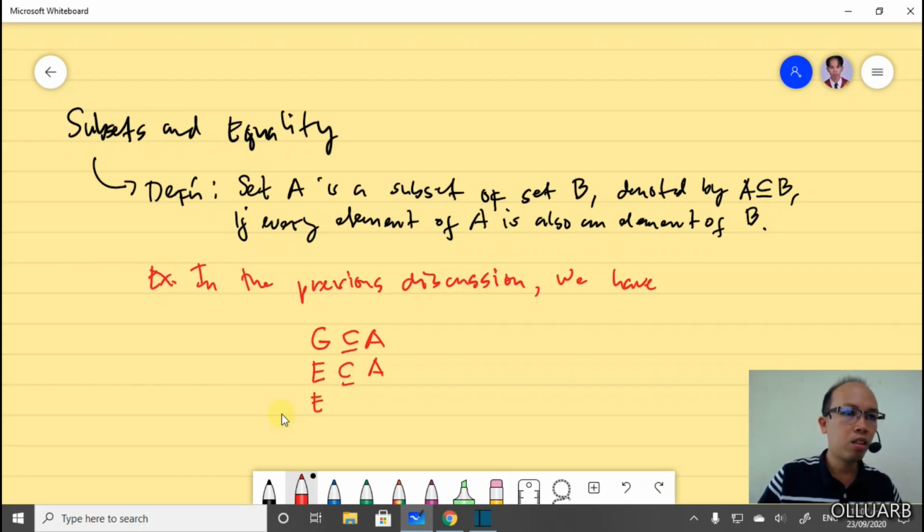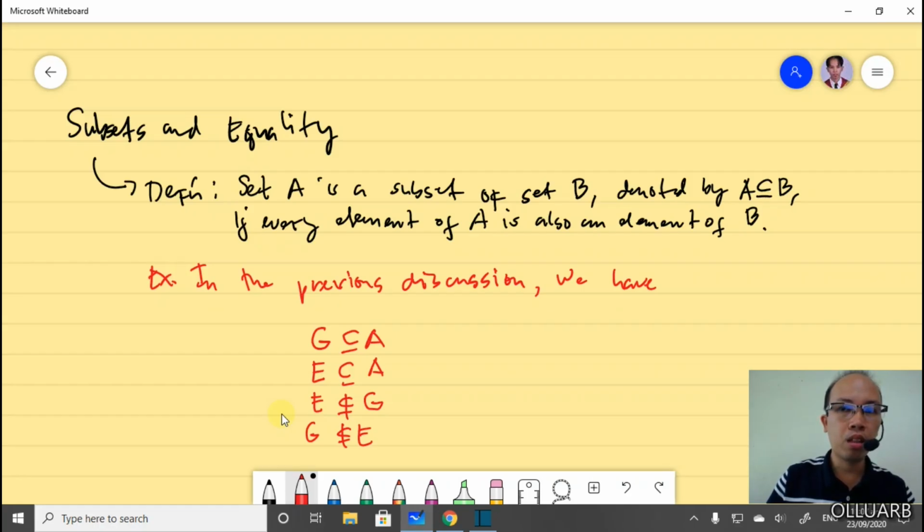E is not a subset of G, because there are elements in E which are not elements of G. G also is not a subset of E, and so on and so forth.